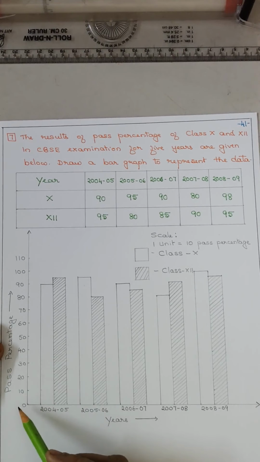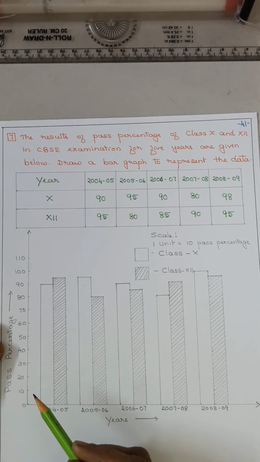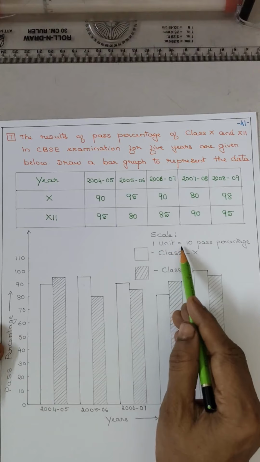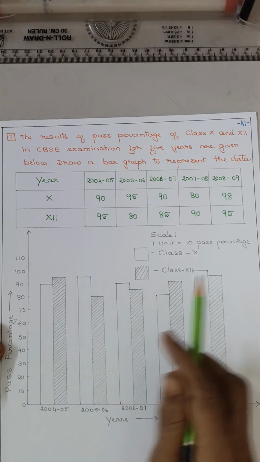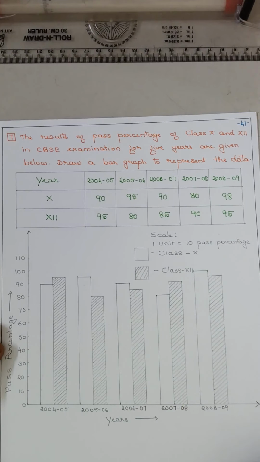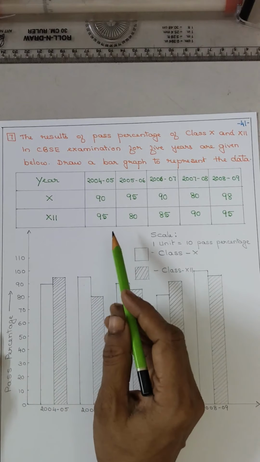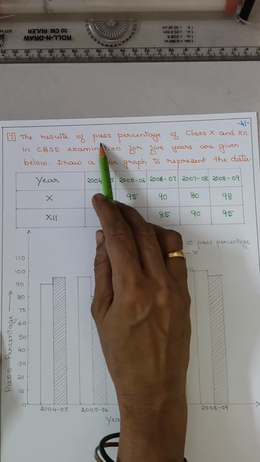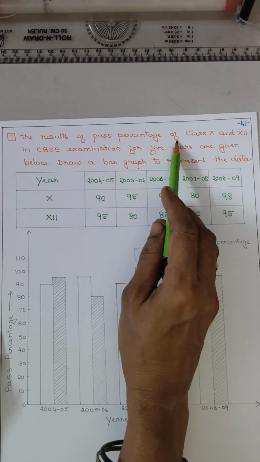The one small division is equal to 1. So 1 unit means 1 centimeter, that unit is equal to 10 pass percentage. So along the x-axis it is years, and along the y-axis it is pass percentage. It's given, no, pass percentage.